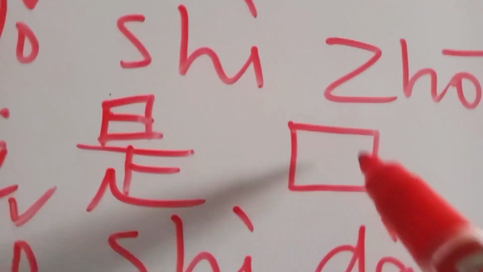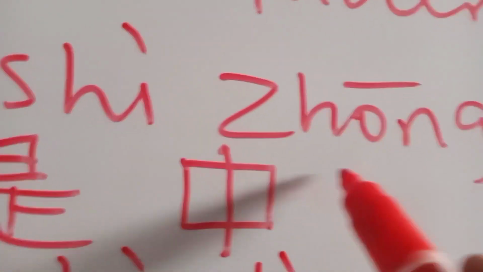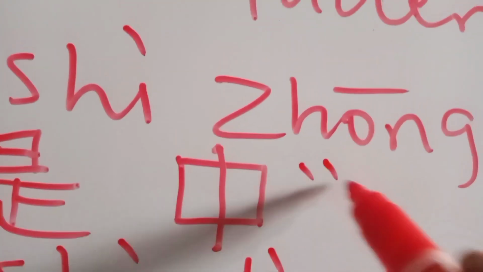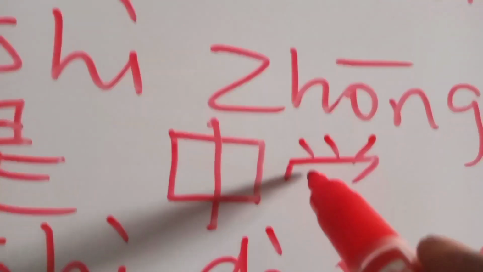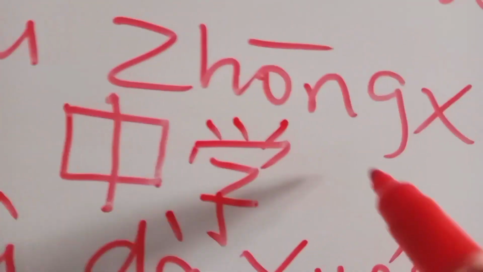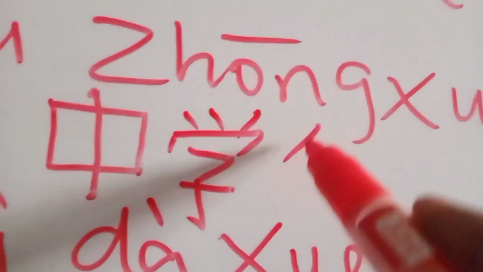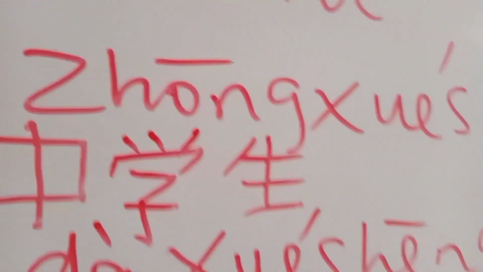After doing this, you now divide it in the middle to show middle. 中学, 学 again is like this. You go like this, like this, like this. 学生, 我是中学生. 我是大学生.